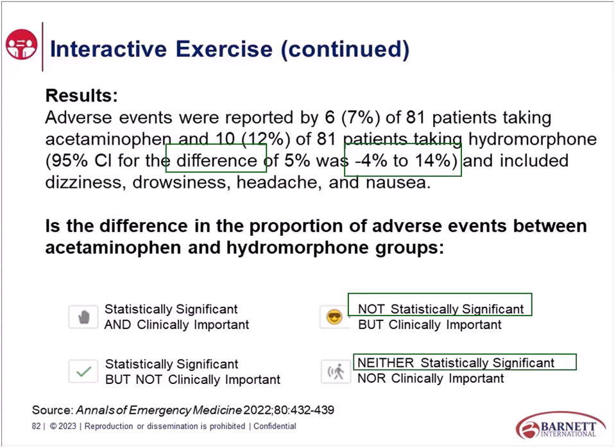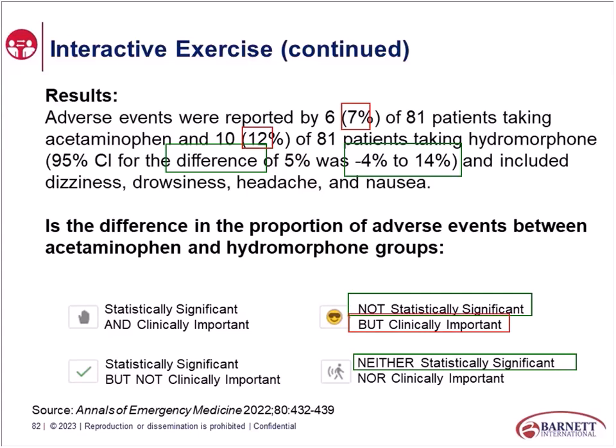Now let's look at the other piece. A difference of 5. Even though there is no statistical difference between the groups, do you really want to deal with this? If I take hydromorphone, there's a 12% adverse event rate versus 7%. So this is an example where it's not significant.